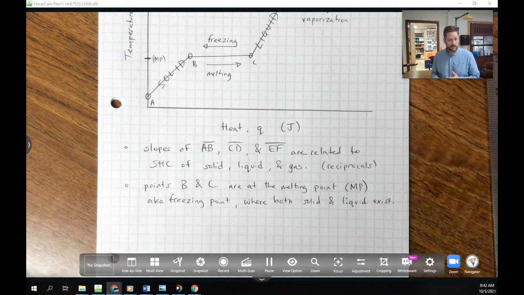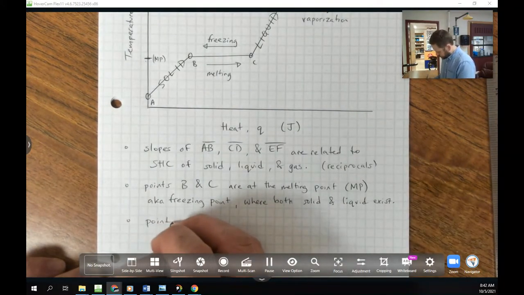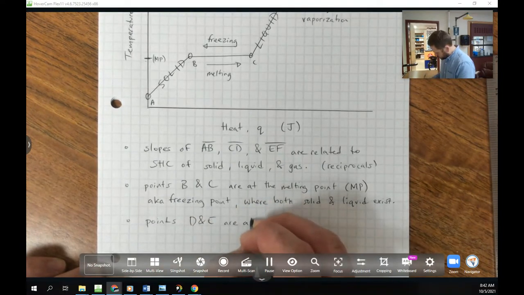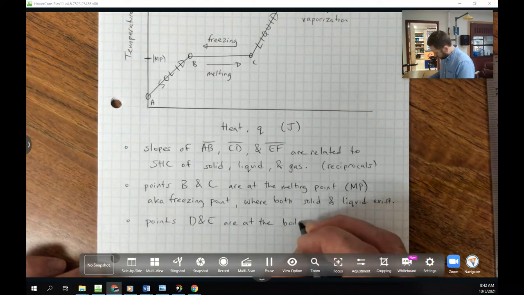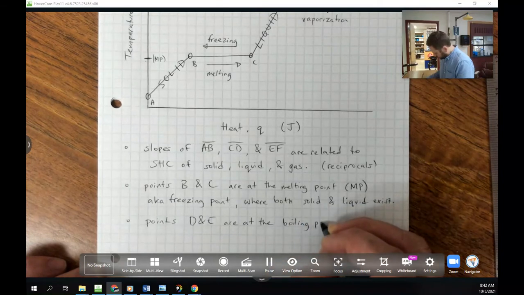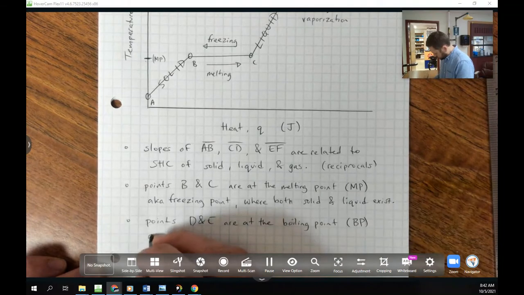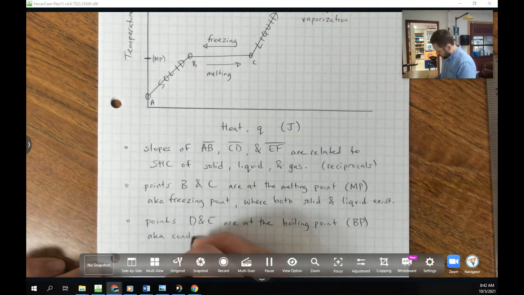And of course, the same can be said for points D and E. We'll make a similar statement. The boiling point, which I labeled on the graph as BP, is also known as the condensation point.